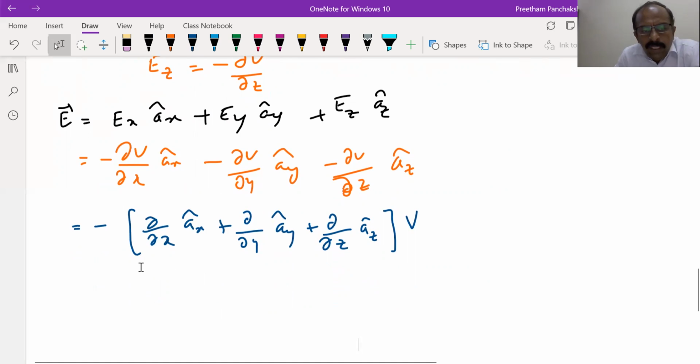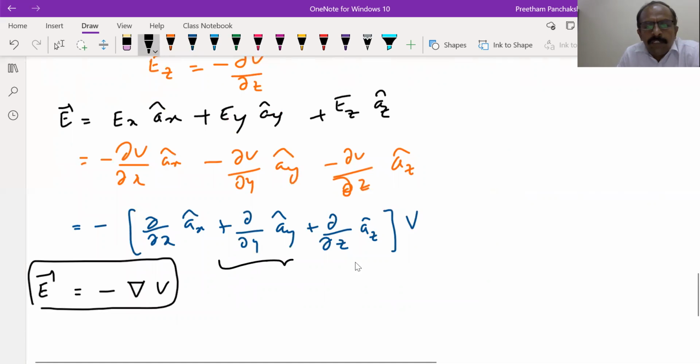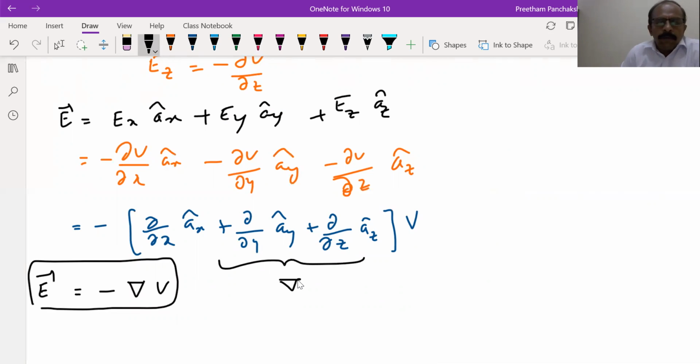It's just a mathematical operation. So this becomes a mathematical operator which is denoted by del, and potential remains V. So this complete vector is denoted as del. So we got here the expected result, minus del V.